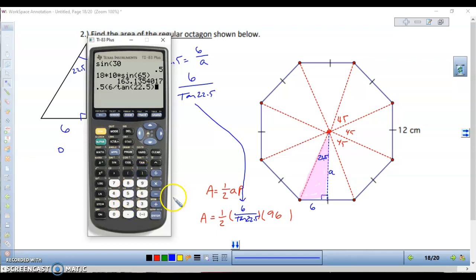Make sure I close that parenthesis. All right, and now I'm going to close this other parenthesis. So I've got in this parenthesis 6 divided by the tangent of 22.5, and then times 96, the perimeter. So the area of that regular octagon is about 695.3 centimeters squared.